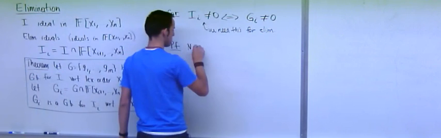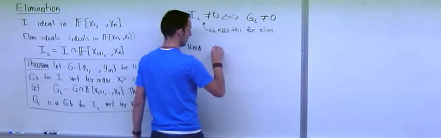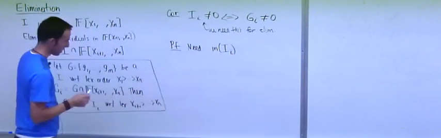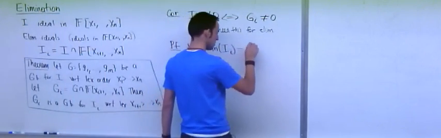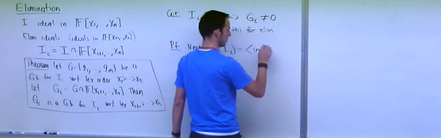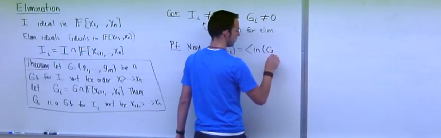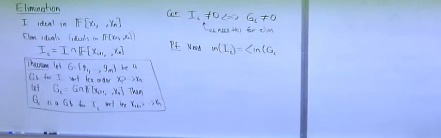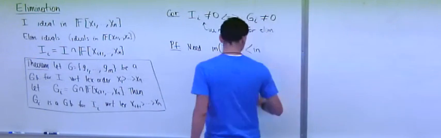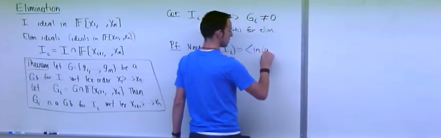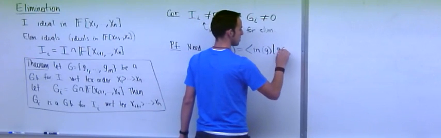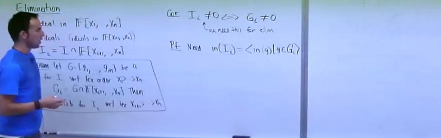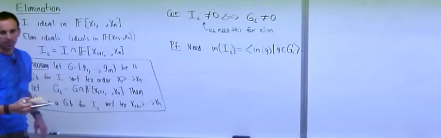I need to show that the initial ideal of I sub I is generated by the initial monomials of the polynomials in GI. Right? This is what I need.